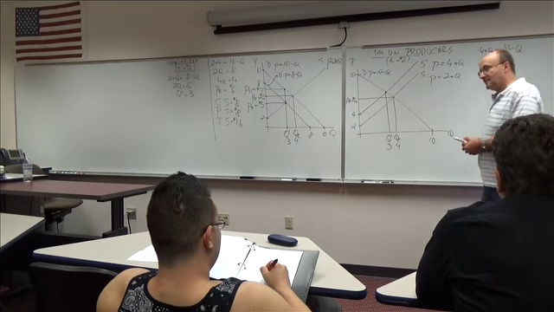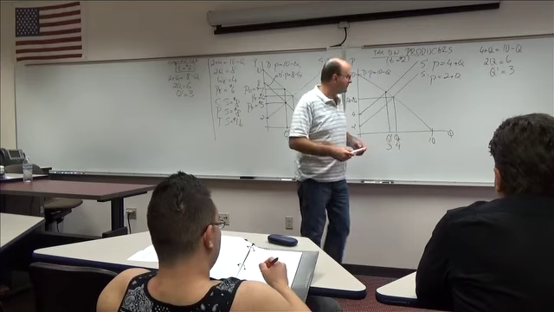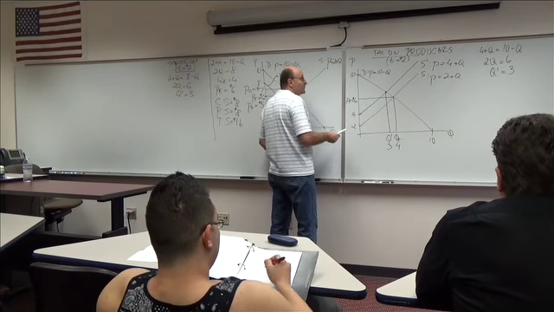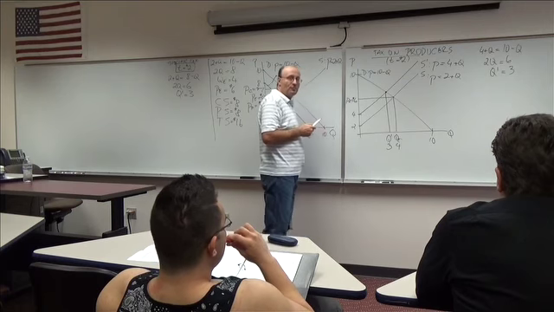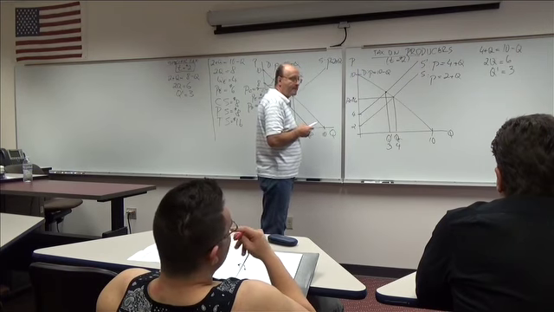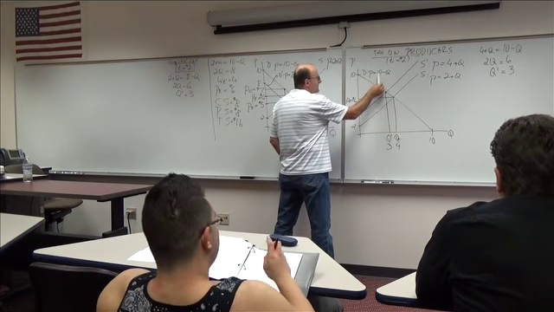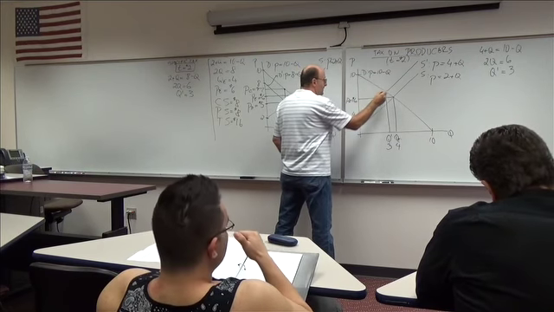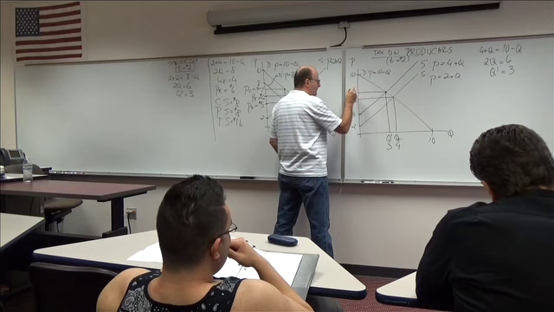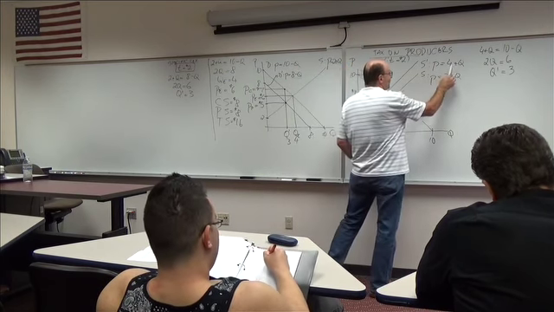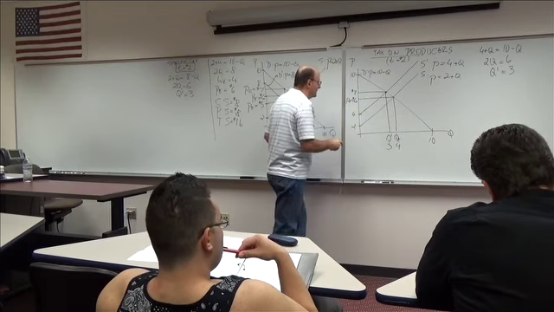How about the price? What is the price of a pack of cigarettes now that the tax was imposed on producers? 7. Plug 3 into demand, 10 minus Q is 7. Or plug 3 into new supply, 4 plus 3 is 7.